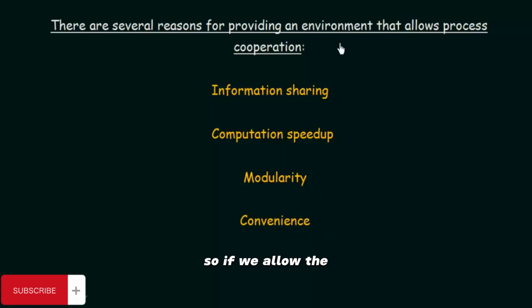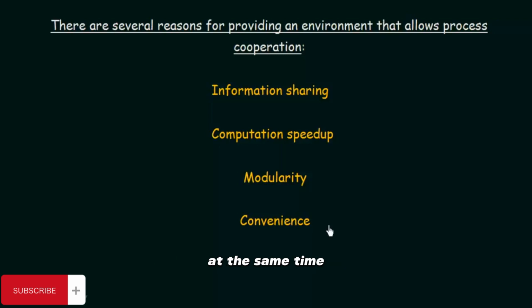And then the next point is convenience. If we provide an environment in which the processes can cooperate with each other, that becomes very convenient for the user. For example, a user may be using a system and doing several different tasks at the same time. He may be listening to music, typing a document, or printing a document.